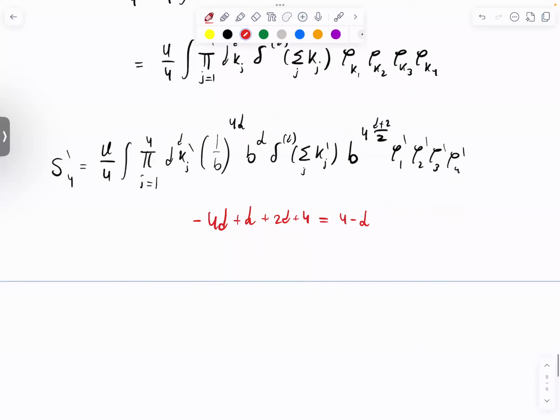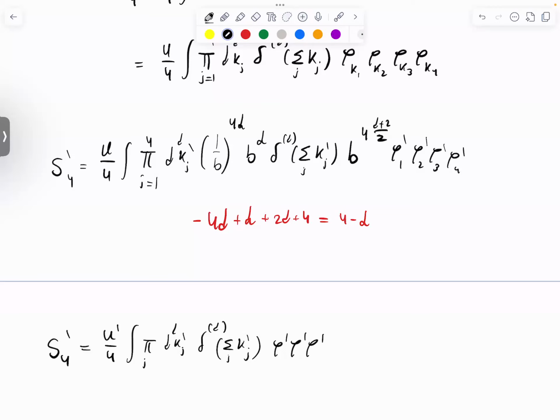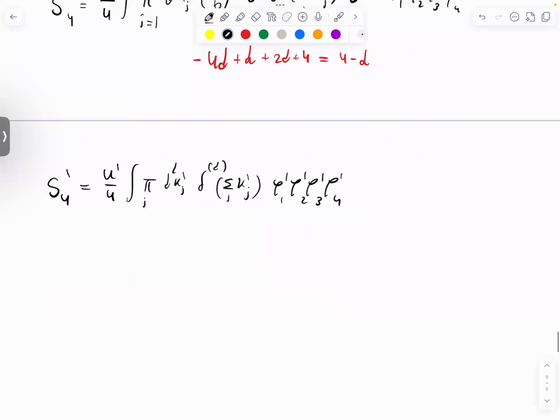So overall, what I want to argue is that S4 prime becomes u prime over 4, right? Pi d dk prime j, delta d sum over j k prime j, phi prime, 1, 2, 3, 4.